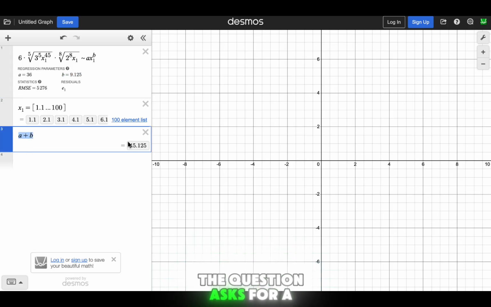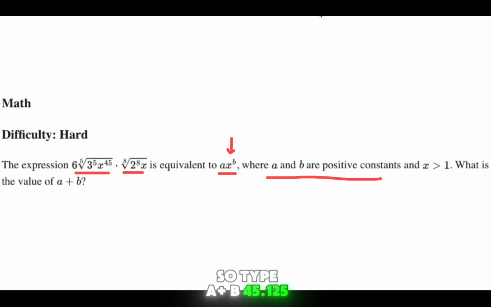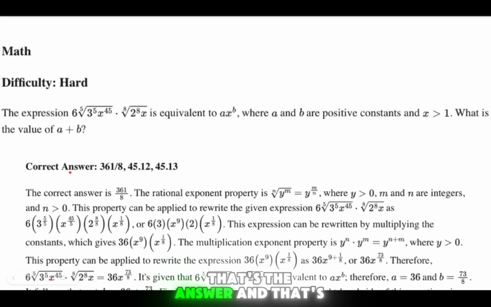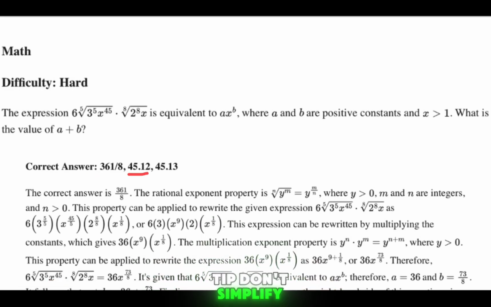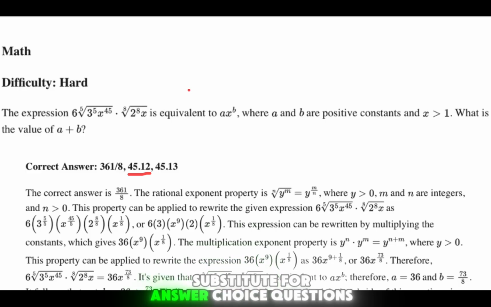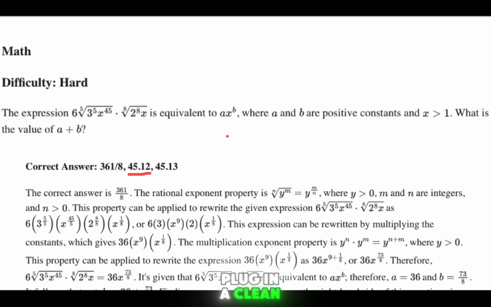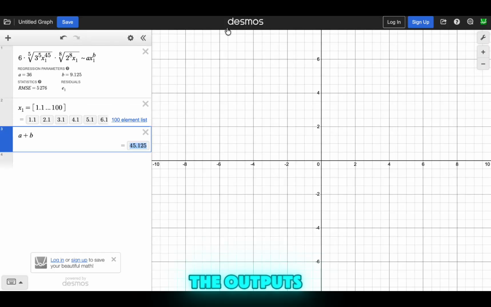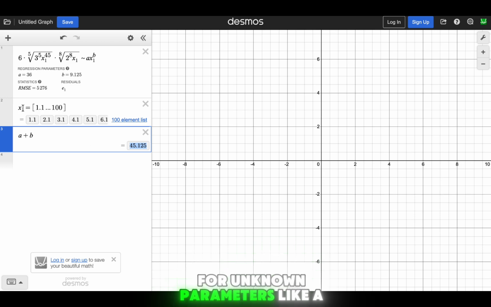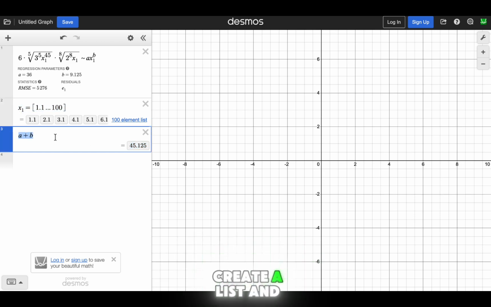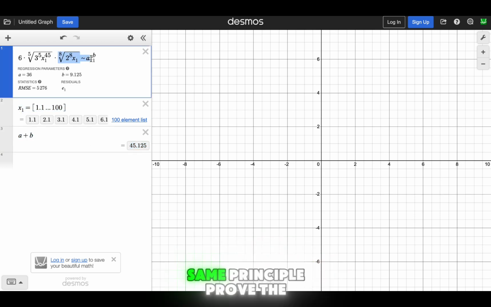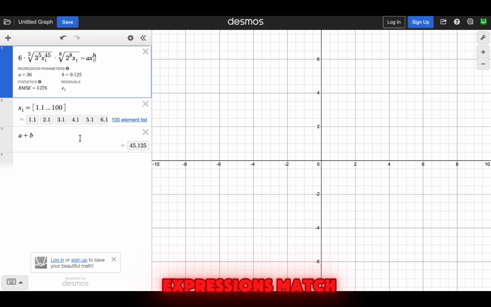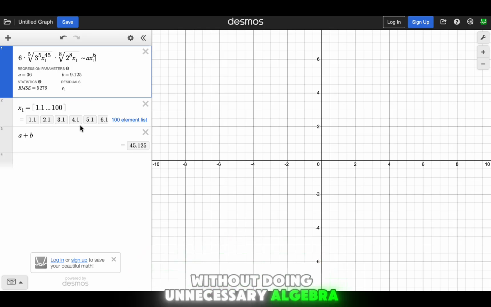The question asks for a plus b, so type a plus b, 45.125. That's the answer, and that's the speed tip. Don't simplify, substitute. For answer choice questions, plug in a clean value like 2 and match the outputs. For unknown parameters like a and b, create a list and use regression. Same principle. Prove the expressions match without doing unnecessary algebra.